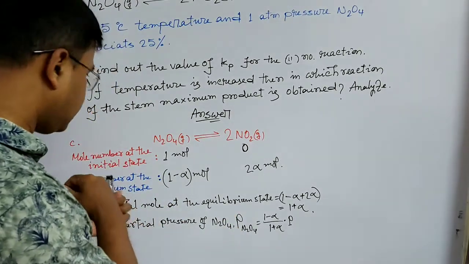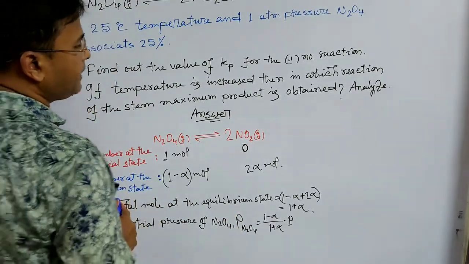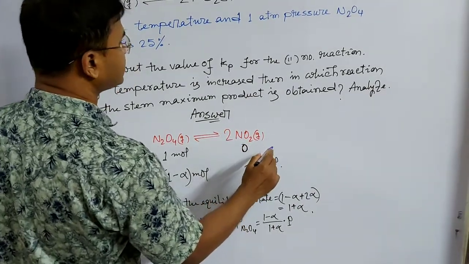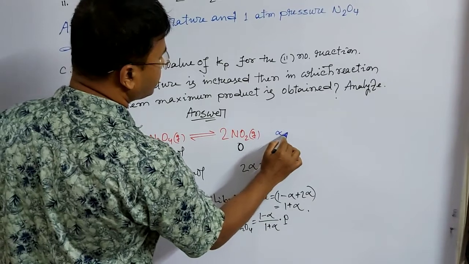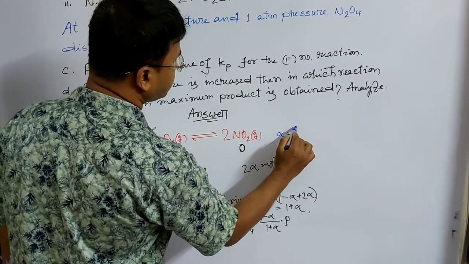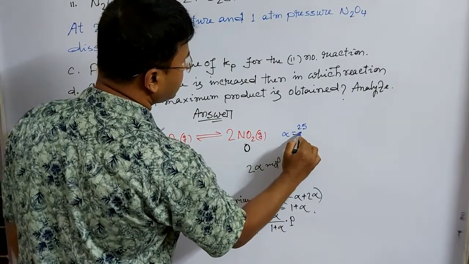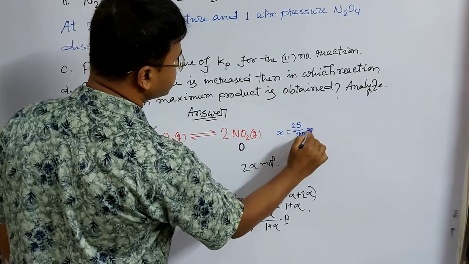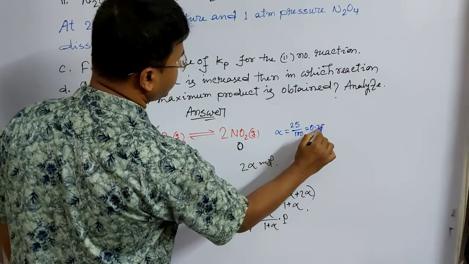And in the question it is given that the degree of dissociation, alpha, equals 25%. 25 divided by 100 for percentage, it will be 0.25.